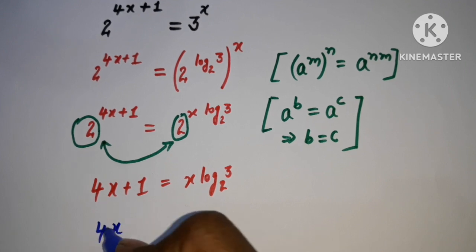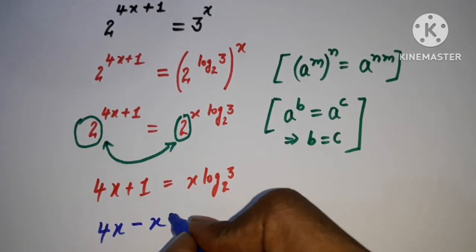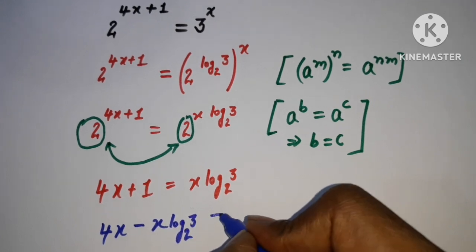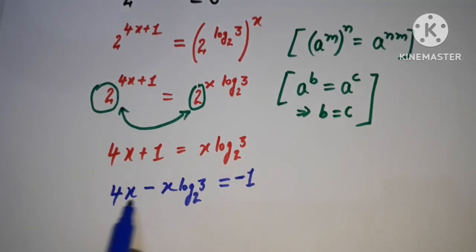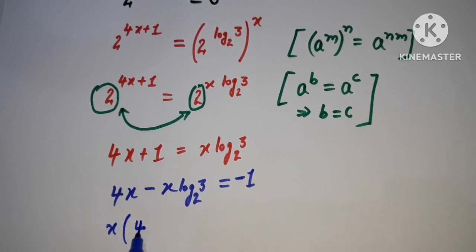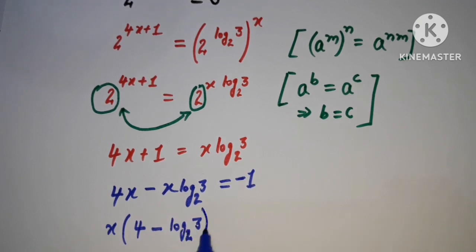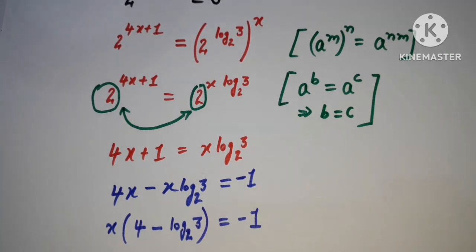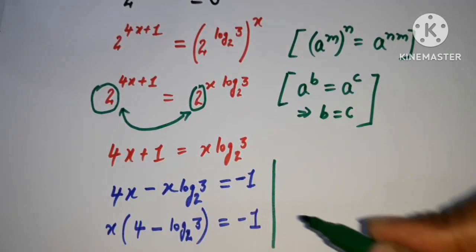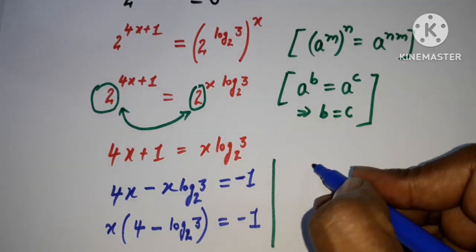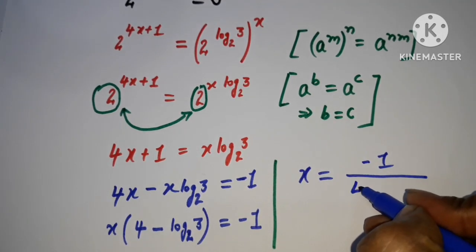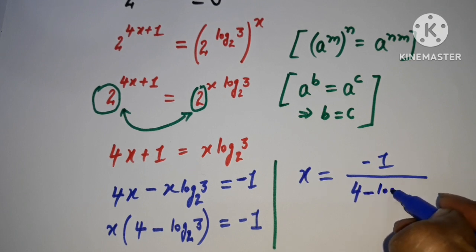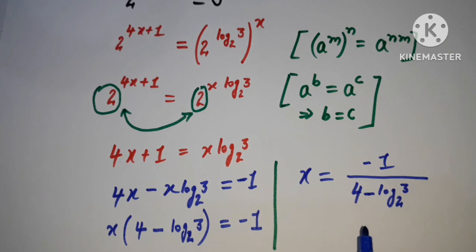So 4x, and this one will be x log_2 3, and 1 will come on the right side by changing its sign, -1, and I need to take x common. So it is coming (4 - log_2 3) x = -1, and I need to get x, so x = -1 divided by (4 - log_2 3).